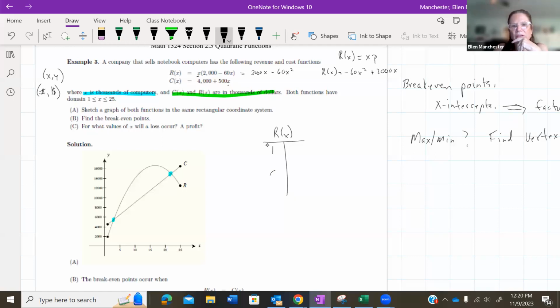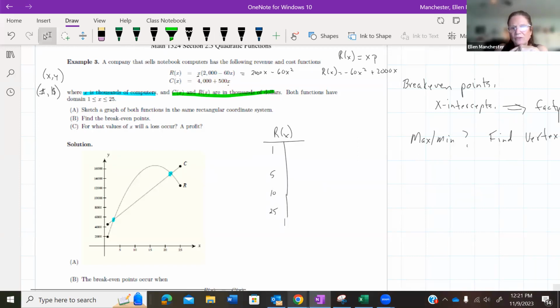So I can have any values I want. This is one way. You plug your 1 into your revenue function and you get out an answer. You plug your 5 in, and you get out an answer. And then you can plot points. That's one way to do it. The other way is you find the vertex, you find the x-intercepts, and you'll be able to plot your points. Okay, so there's a couple different ways to do it.